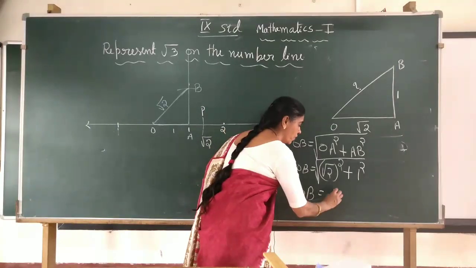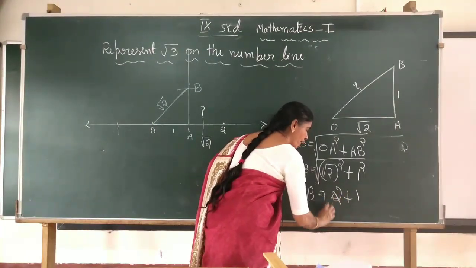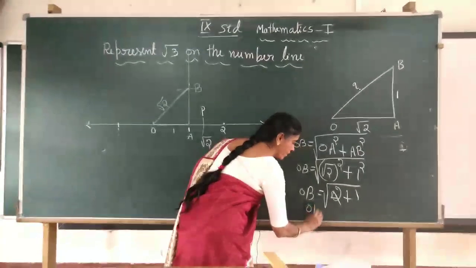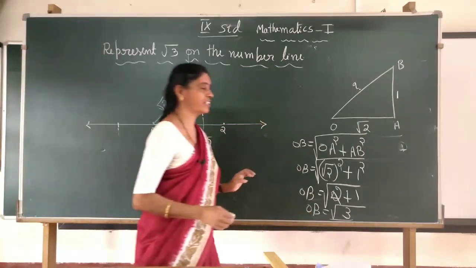The square root of 4, you know, is 2. Then 1 square is 1. So 2 plus 1, how much? It is 3, so OB is the square root of 3. So I got square root 3.